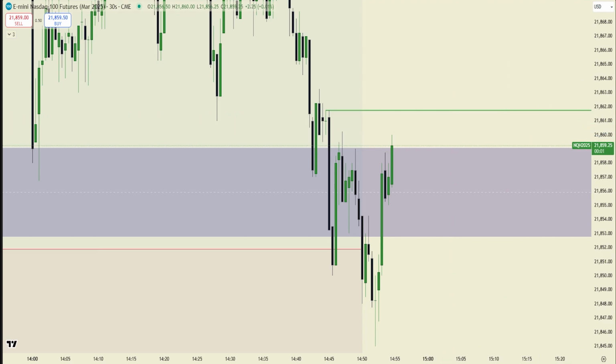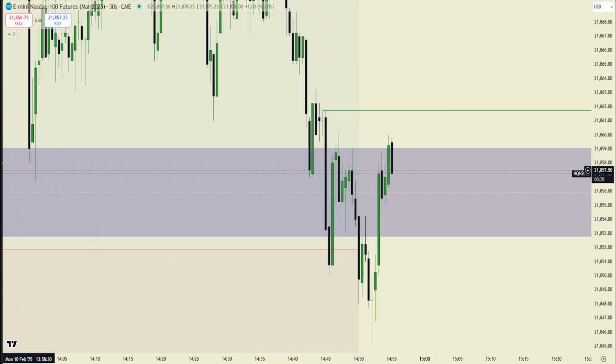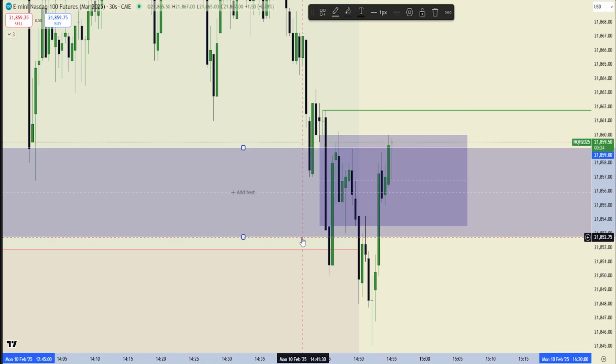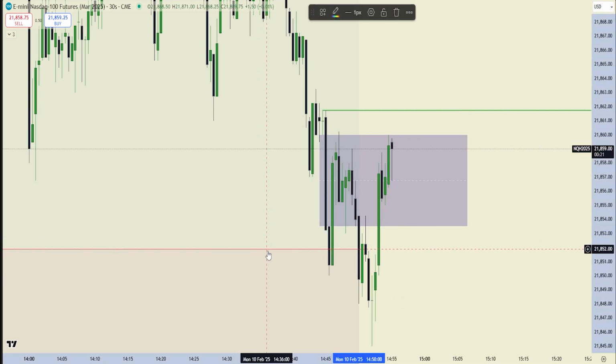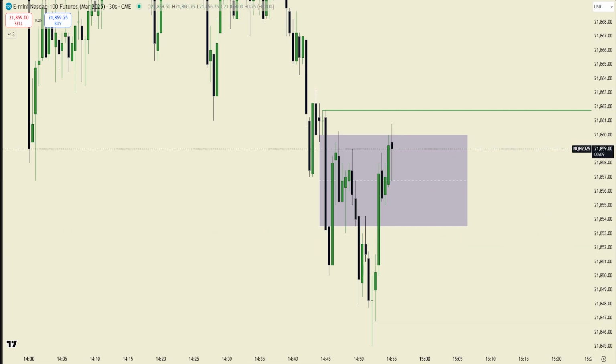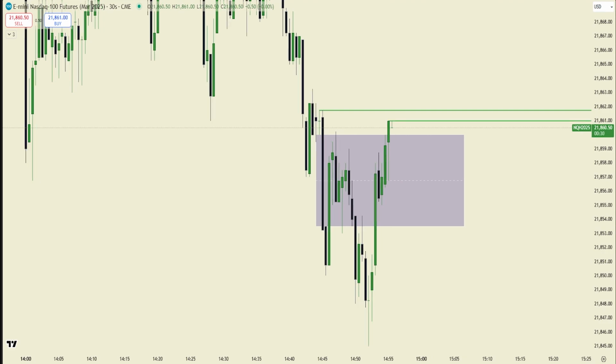Still no close over yet. So yeah, this 5 minute is just not going to be closed below, it looks like. So there's the 30-second close over finally.